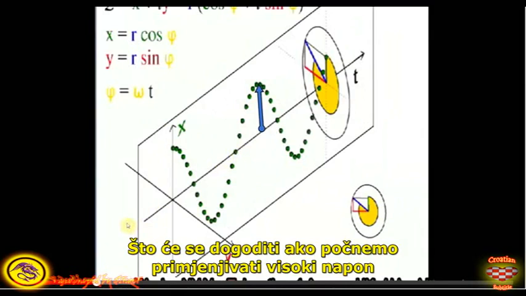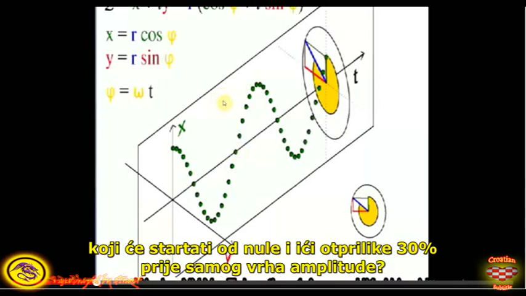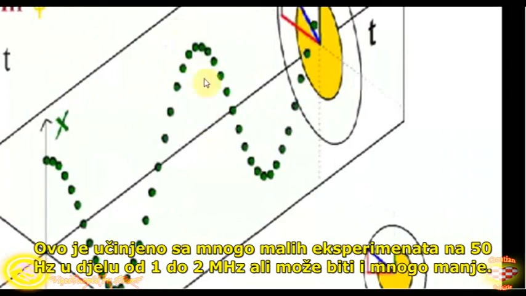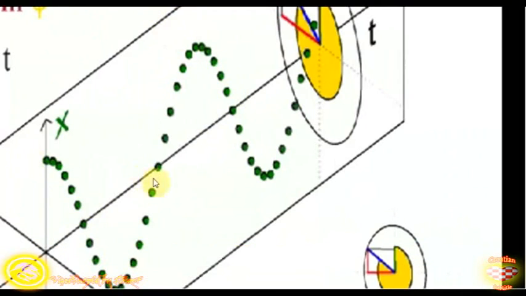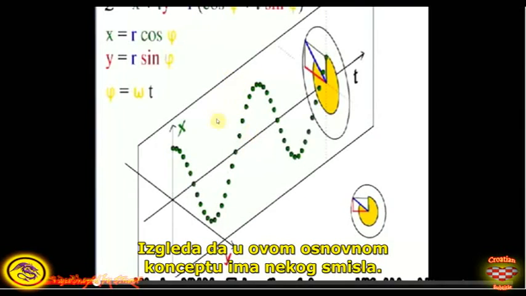So what's gonna happen if we start to implement high voltage, very narrow peaks that will start from zero and go to approximately 3% before the very top of it. That would be the Lithuanian experiment, 50 Hz, and the peaks could be 1.2 MHz, but it could be much lower. It looks like that basic concept is something that makes sense.